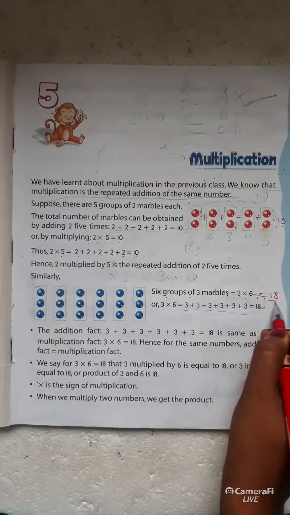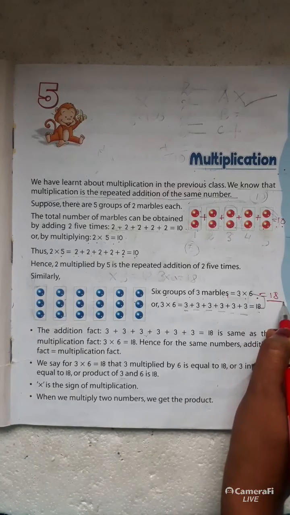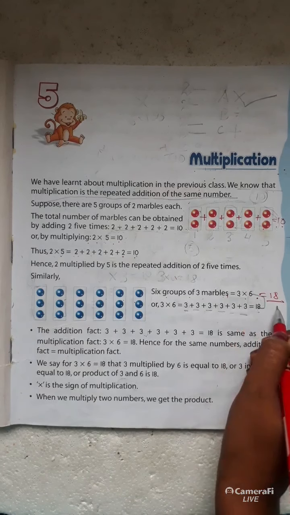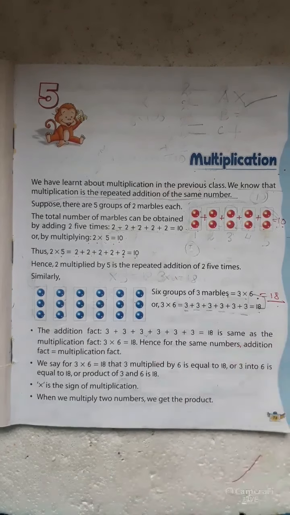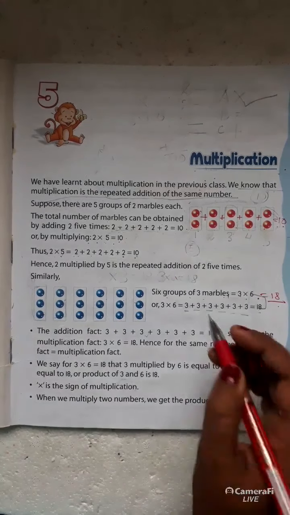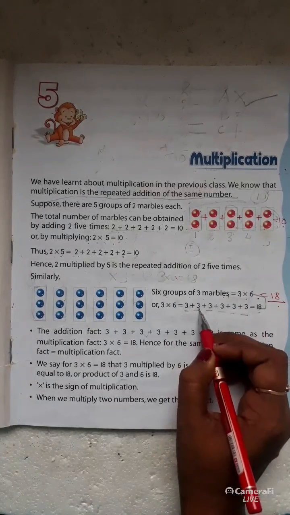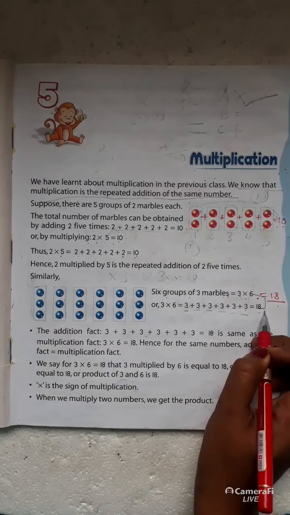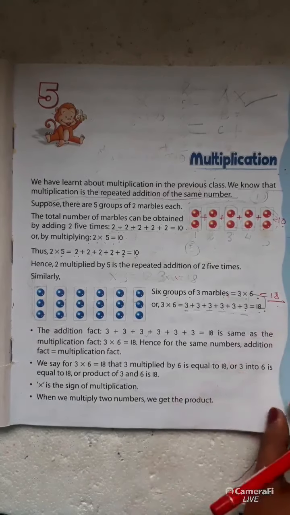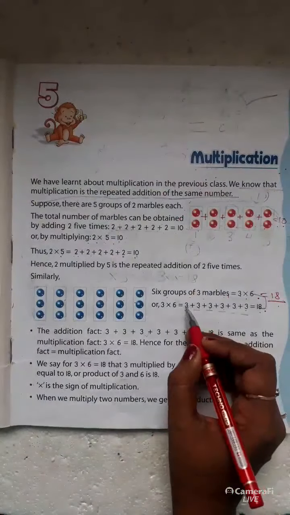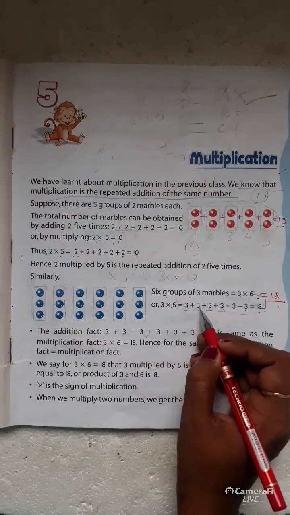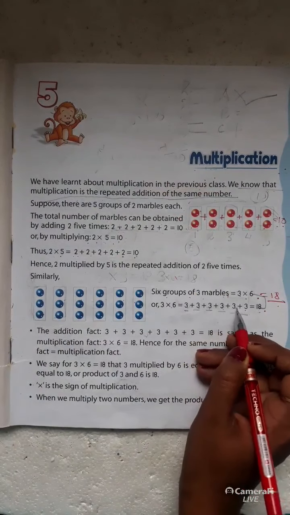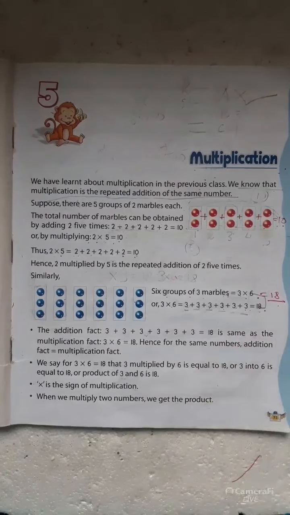If we add these also, 3 plus 3 plus 3 plus 3 plus 3 plus 3, the answer will be 18. Understood? So 3 into 6 is the same as 3 plus 3 plus 3 plus 3 plus 3 plus 3, and the answer is 18.